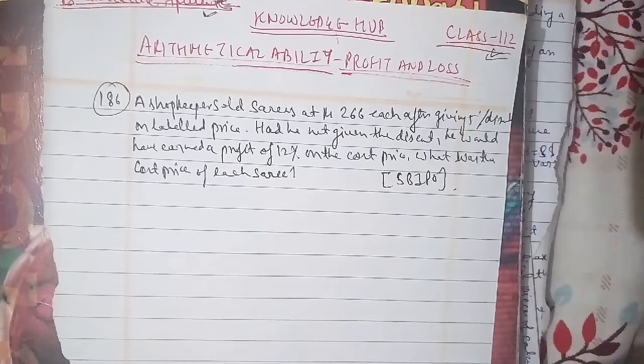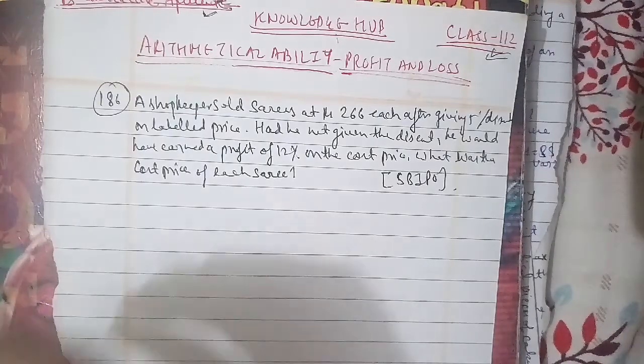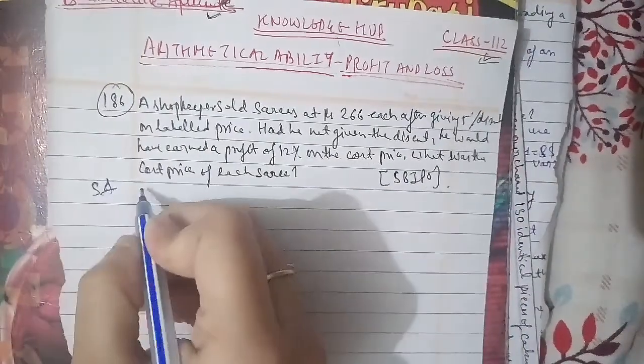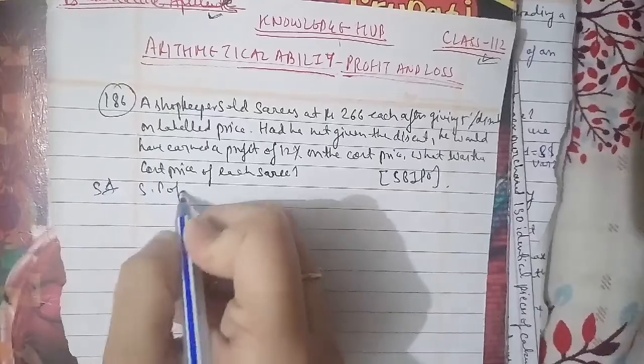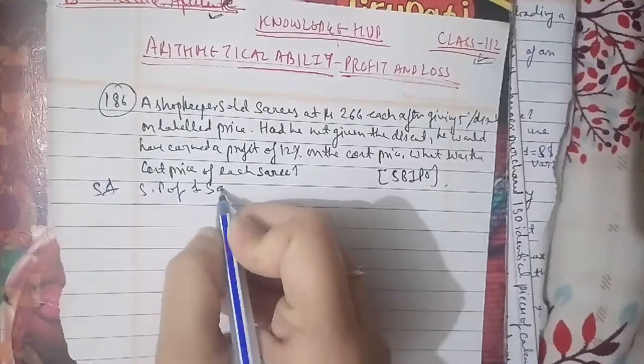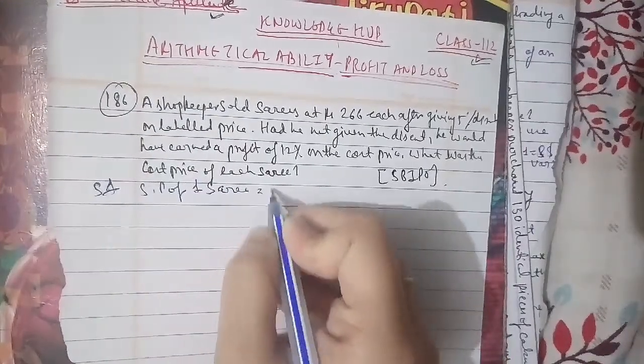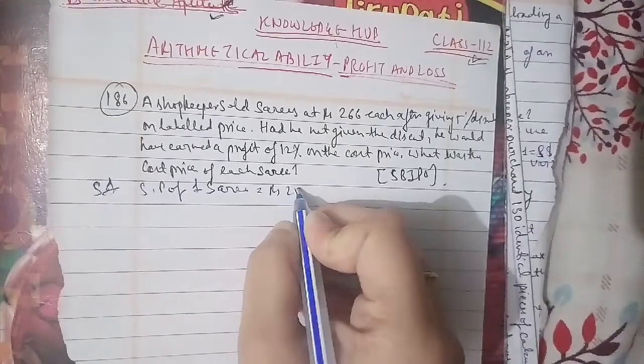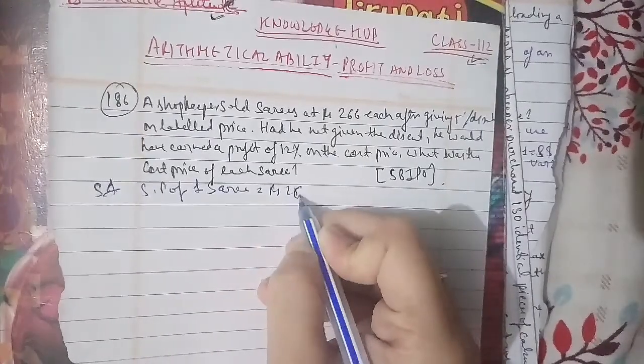So for the same, selling price of one saree equals rupees 266.